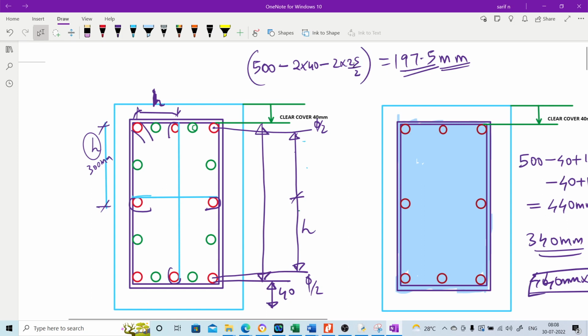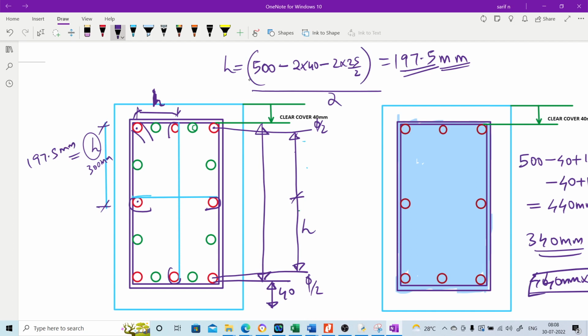So that distance we will get, and if we divide that by 2, we will get 197.5 mm, which will be the h value. So this h value will be 197.5 mm.